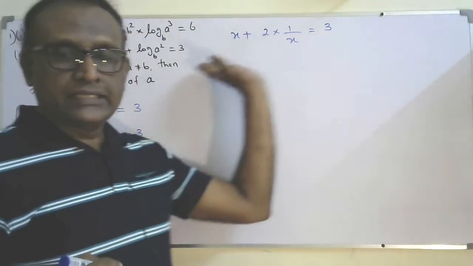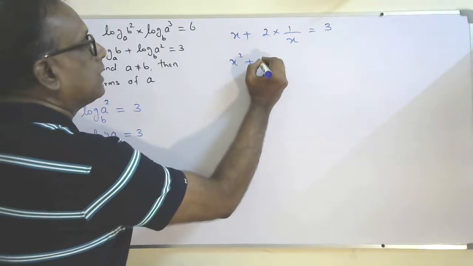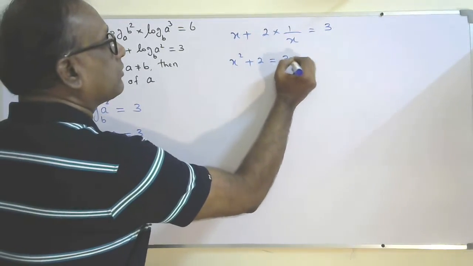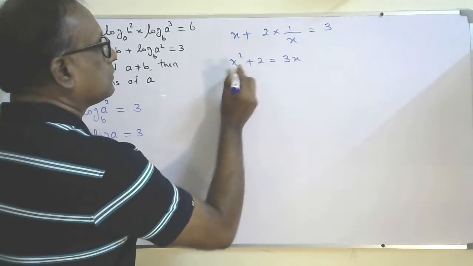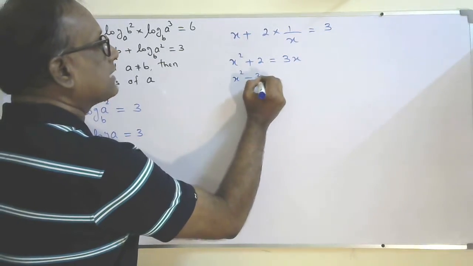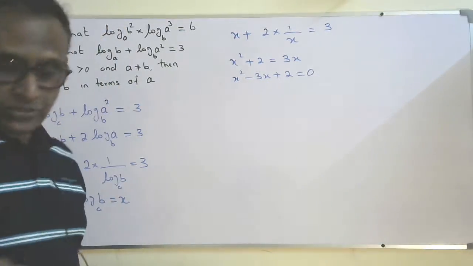Okay, so multiply the whole equation by x. It will become x squared plus 2 equal 3x. That's going to be x squared minus 3x plus 2 equal to 0.